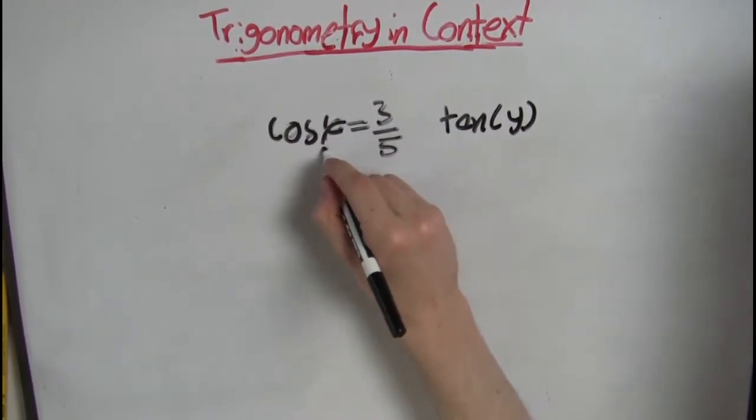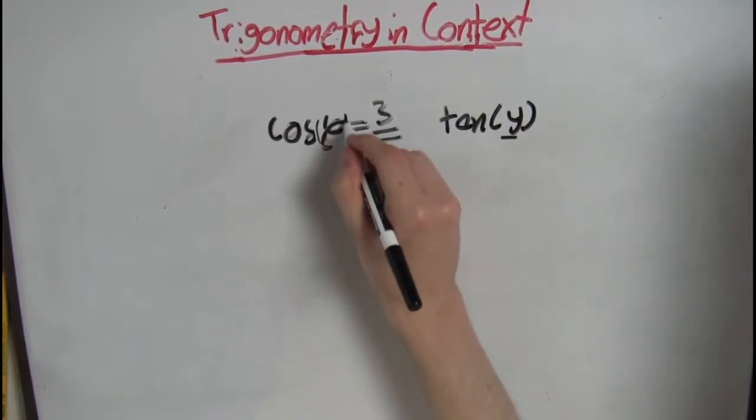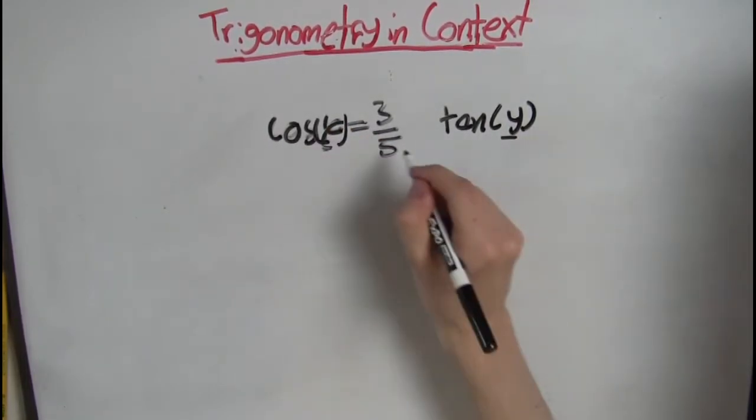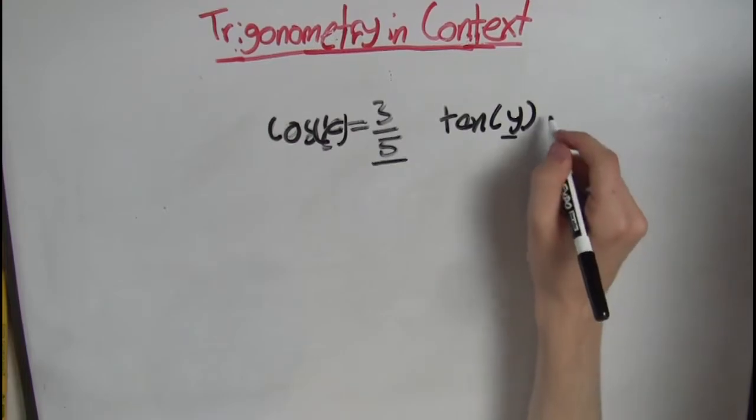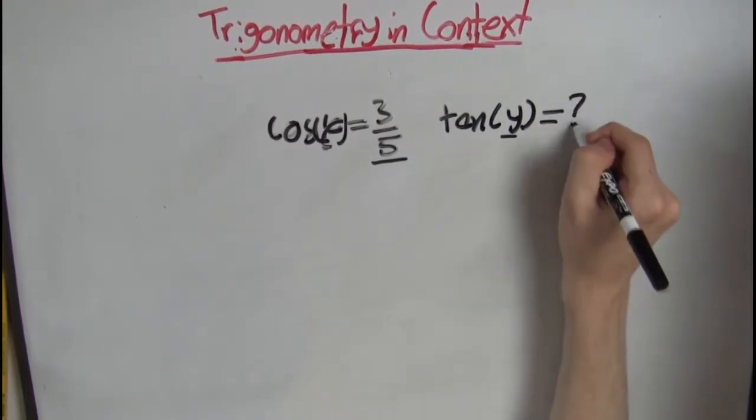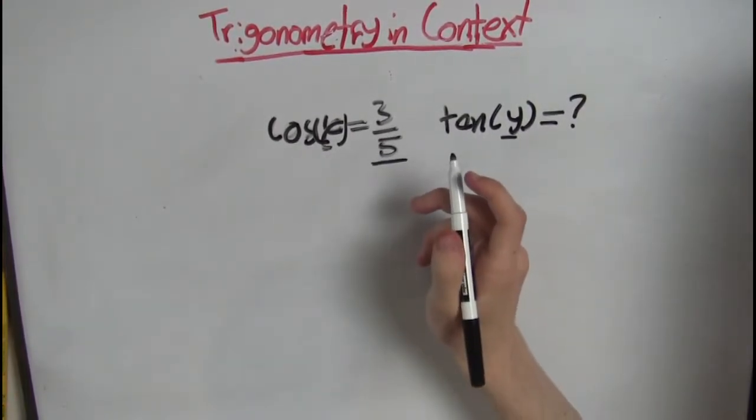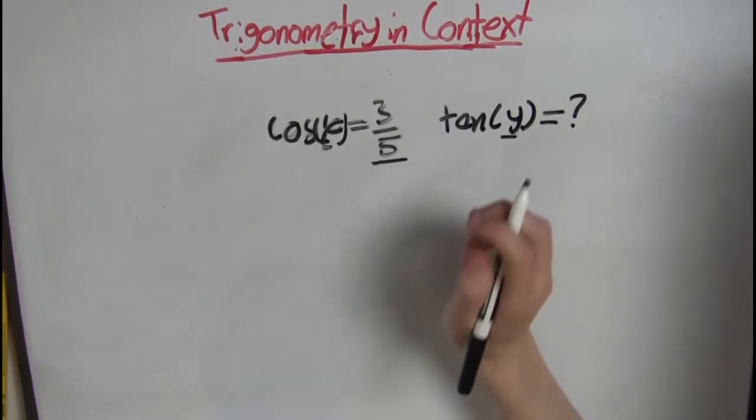So I have two angles x and y in the same triangle, and I want to know both of their trigonometric values. So what can I do?